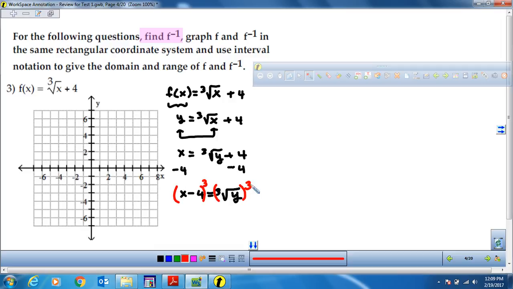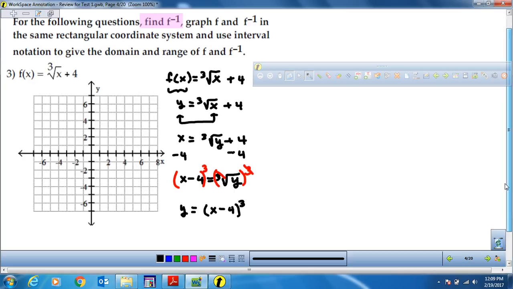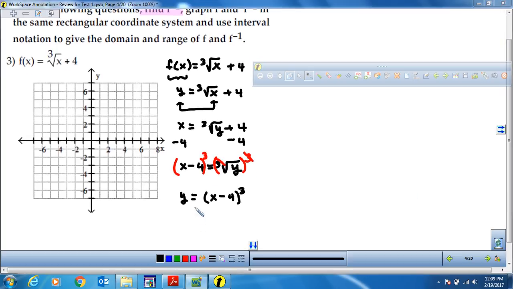But I have to raise both sides to the third power. So the cube root and the cube cancel out, so that leaves me with y. I'm going to put the y on the left side, equals x minus 4, everything raised to the third power. So we're going to change the y back to f of x, but since this represents the inverse function, we are going to raise it to the negative 1 power. This means the inverse of f of x is x minus 4 cubed.